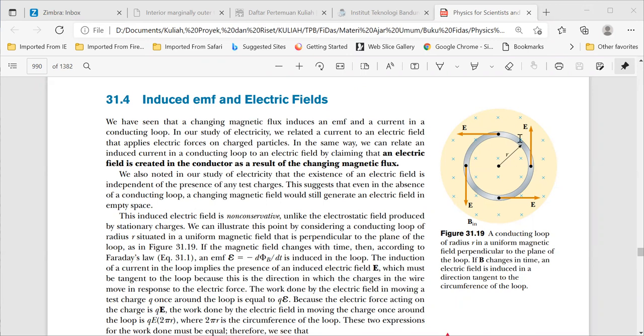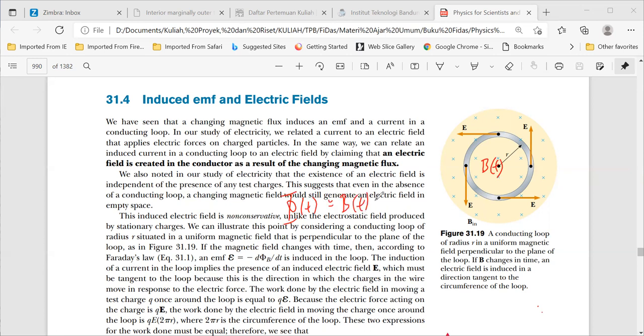So B here depends on time. It means we have B as a function of t.